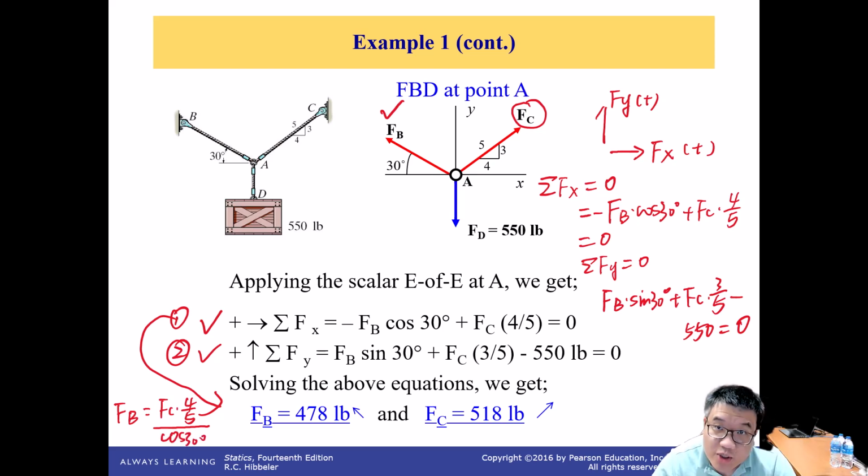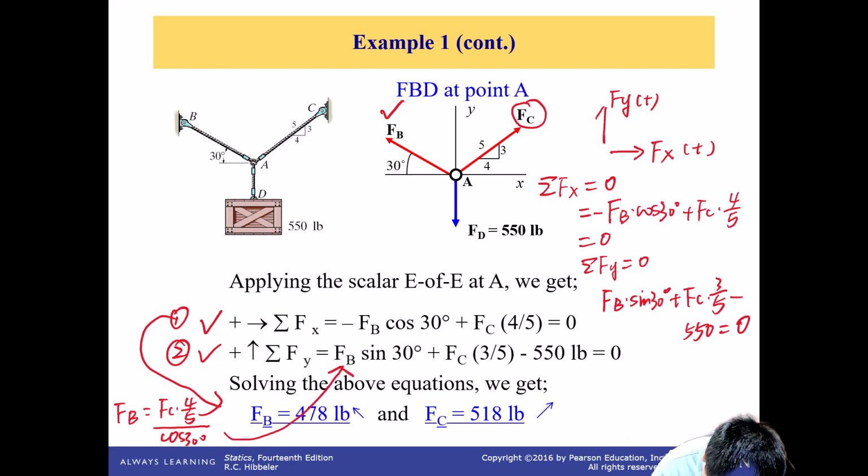That's how we express FB in terms of FC. Then we can replace FB using FC, and solve for FC. As long as we solve FC, we can solve FB.